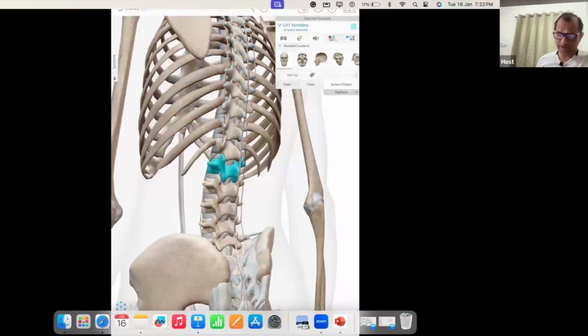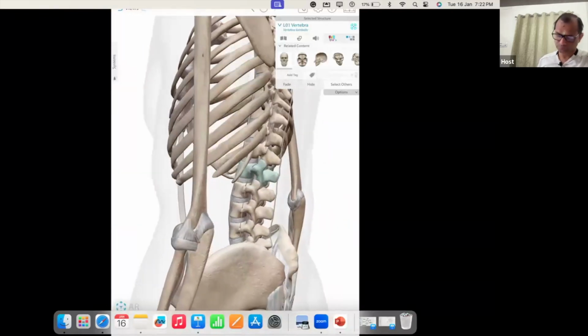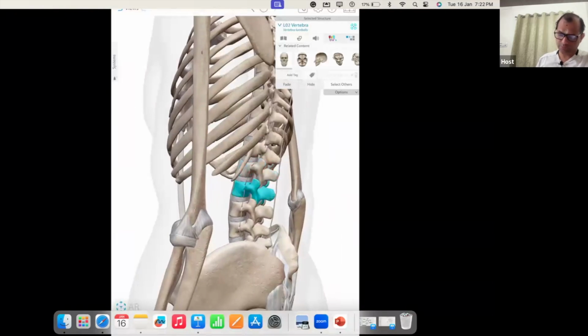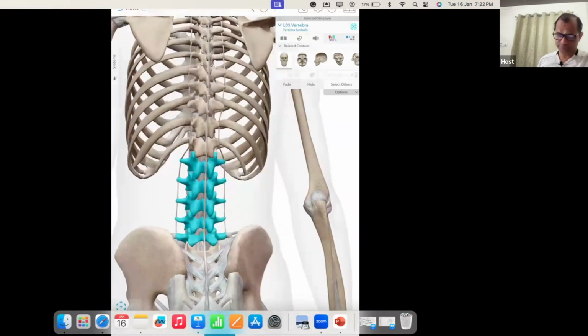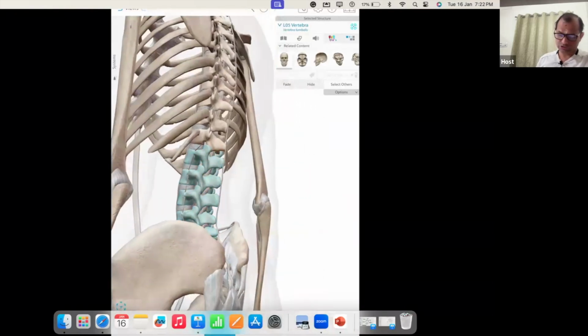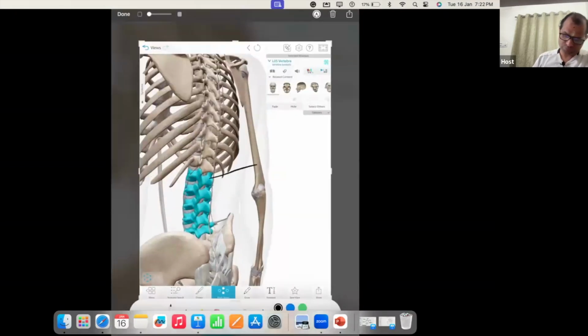So we can see this, L1, lumbar 1, lumbar 2, lumbar 3, 4 and 5. So there are 5 lumbar vertebrae: L1, L2, L3, L4 and L5.